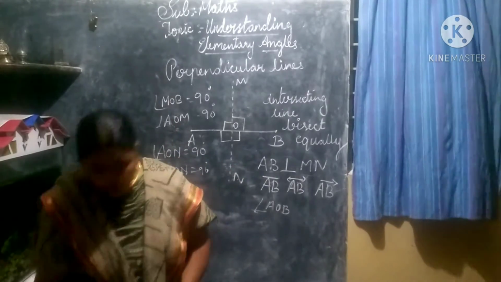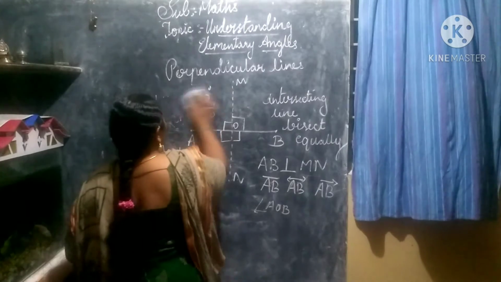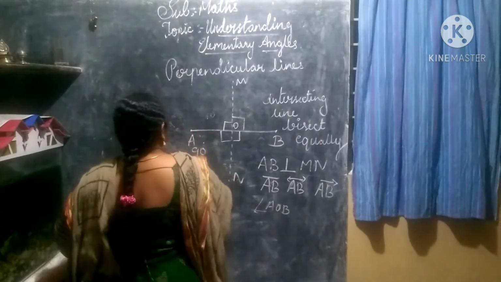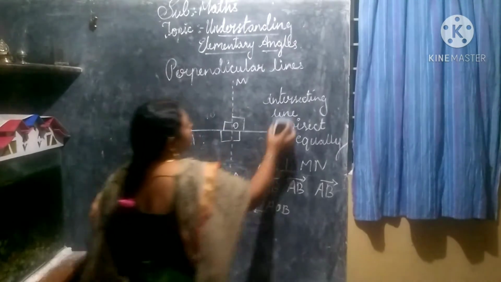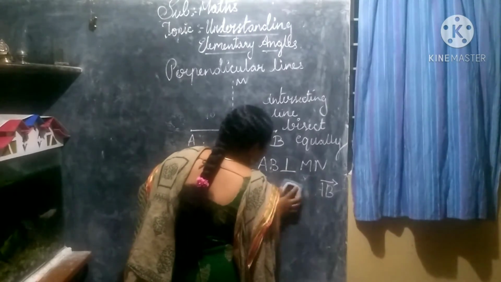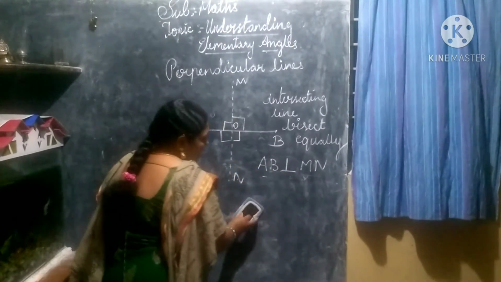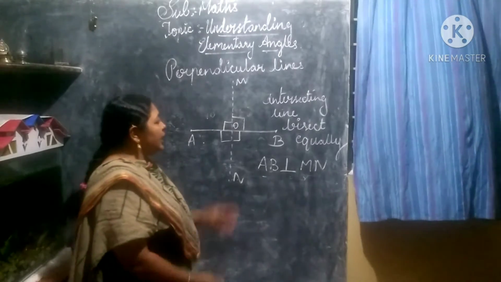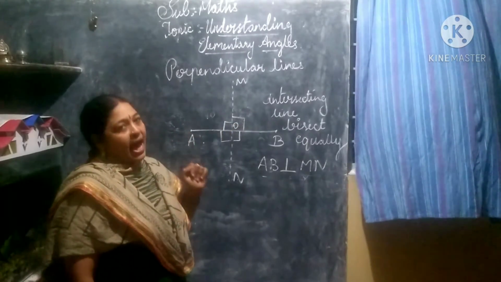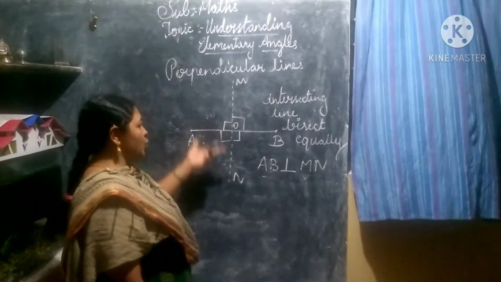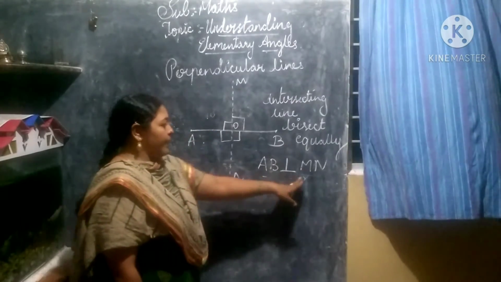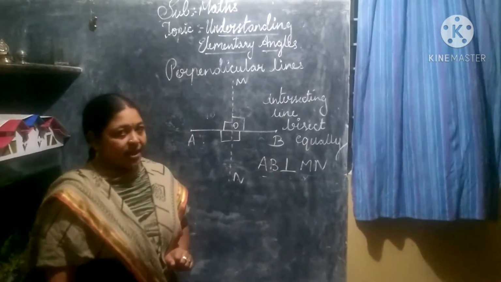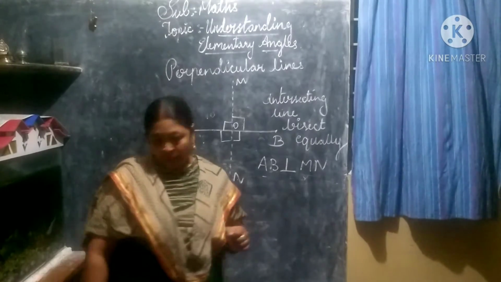Two lines are said to be perpendicular if one intersects the other line by bisecting it equally such that it forms a 90 degree angle. Then these two lines are said to be perpendicular to each other. Is that clear? Okay.